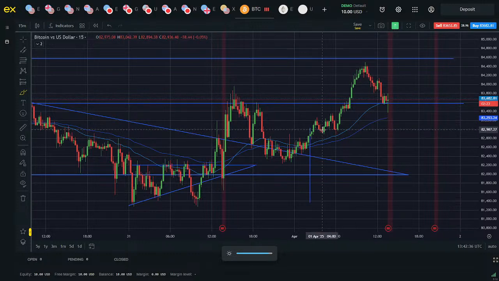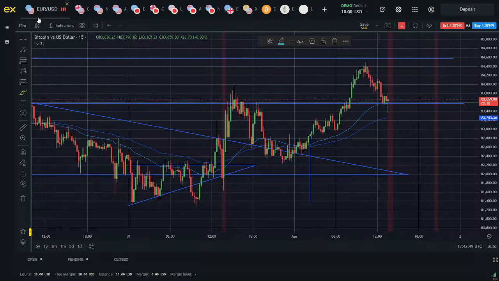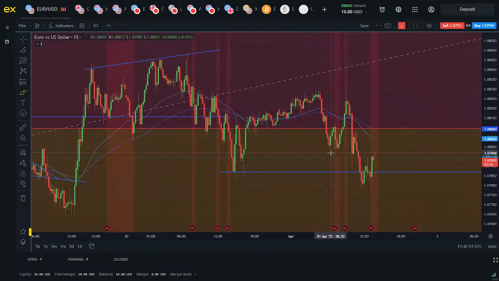We are already waiting for multiple trades in BTC, in Euro USD, in Euro JPY, and then USD JPY, and then Euro GBP. Okay, you guys understand?